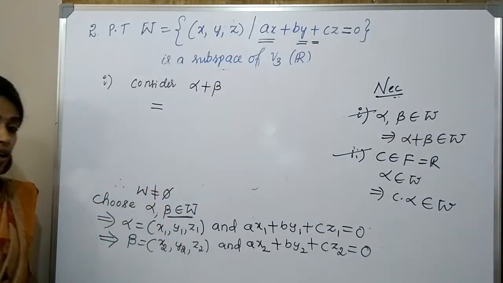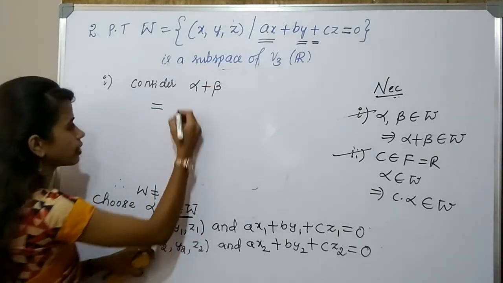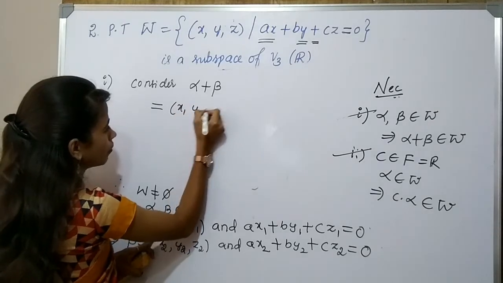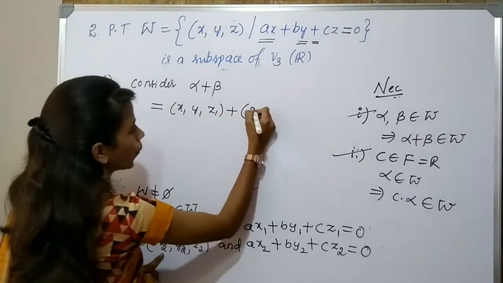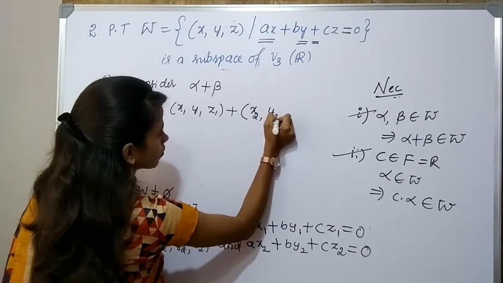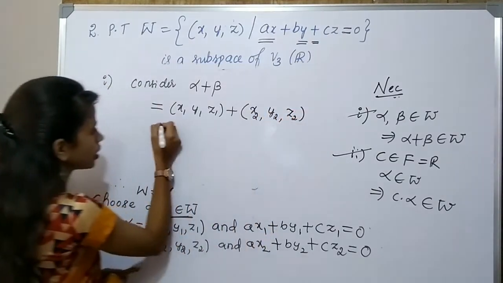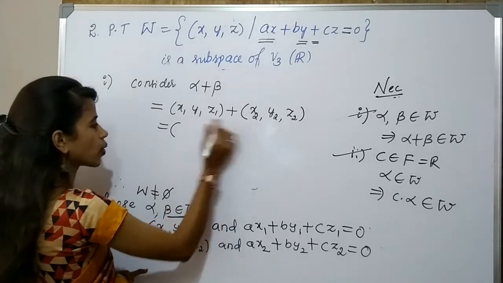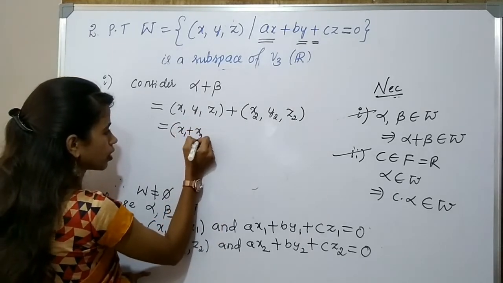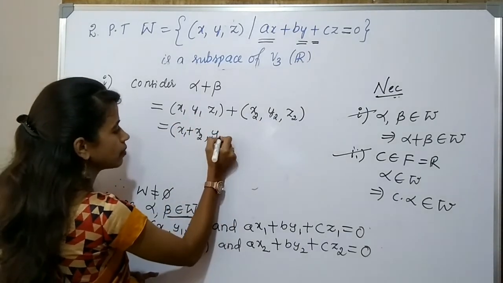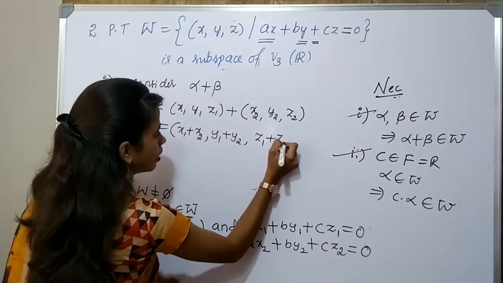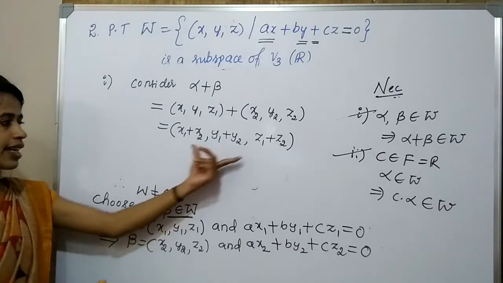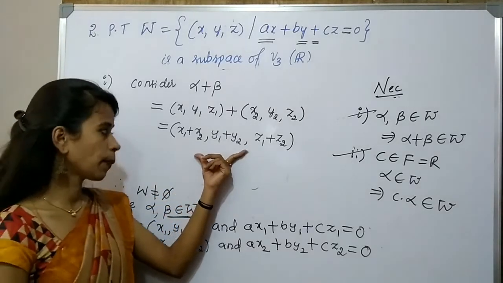Alpha is in the form x1, y1, z1, plus beta, which is x2, y2, z2. So the sum becomes the x coordinate sum, x1 plus x2, the y coordinate sum, y1 plus y2, and lastly z1 plus z2. So it is clearly a triplet.